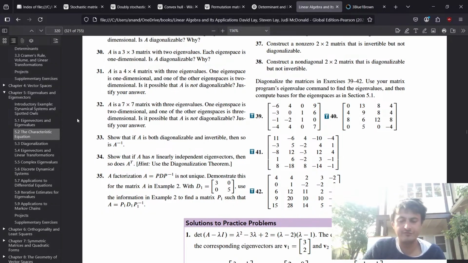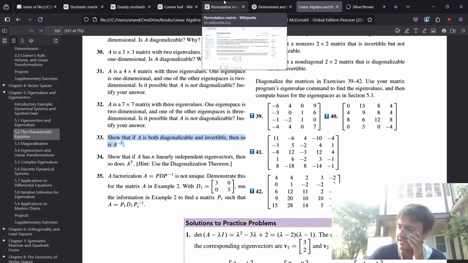I think you just invert D. I think because D is diagonal and diagonal... Actually, diagonal doesn't imply invertible. So maybe I can't do this.